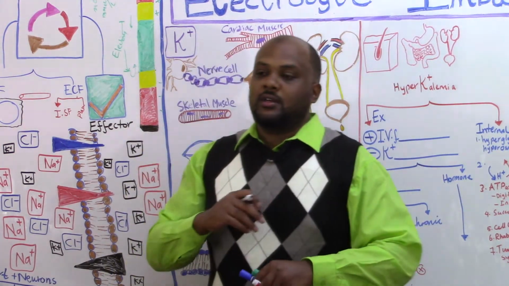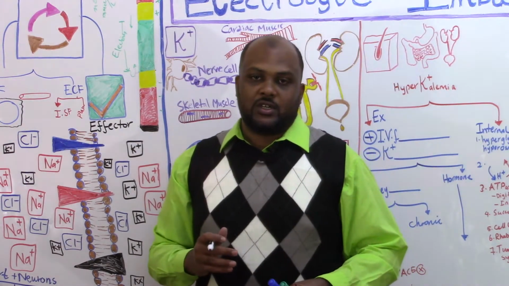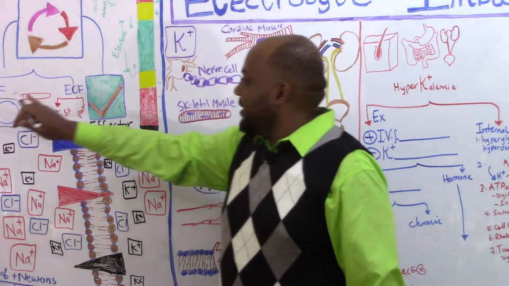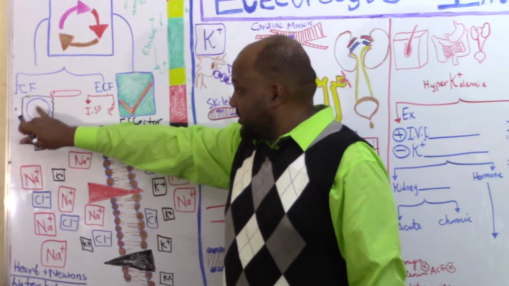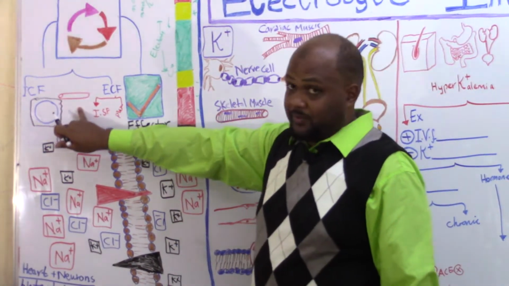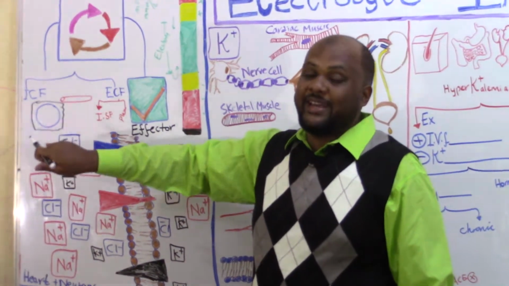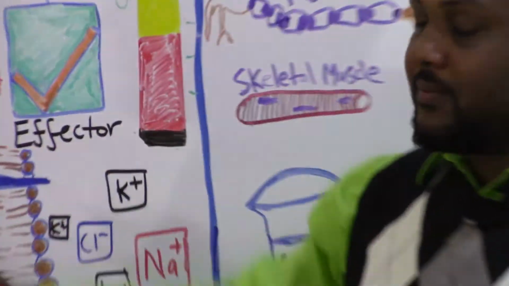Sweat is majorly comprised of water. Is this water taken from the interstitial space? Is it taken from the intracellular space or the extracellular space? It is definitely taken from the extracellular space.